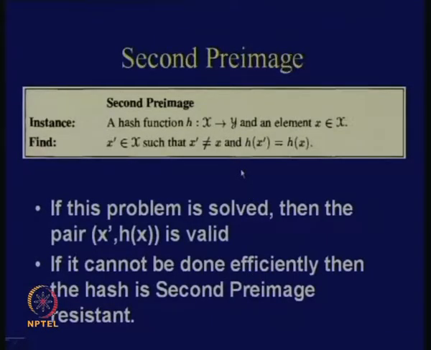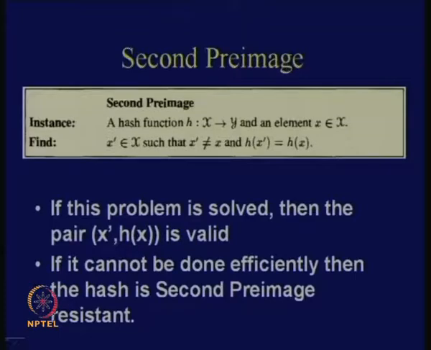So what is a second pre-image? Suppose there is a hash function h and you are provided with an element x, and now you are supposed to give back another value, say x dash, which is not equal to x but leads to the same message digest. This is slightly different from the previous problem.